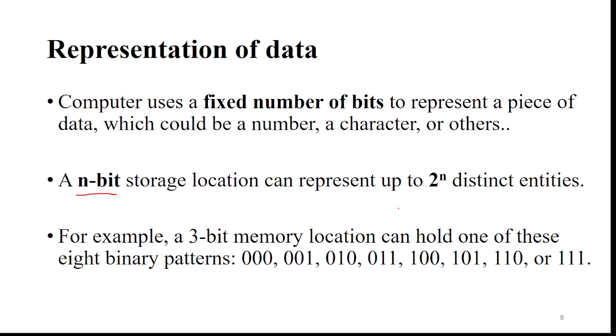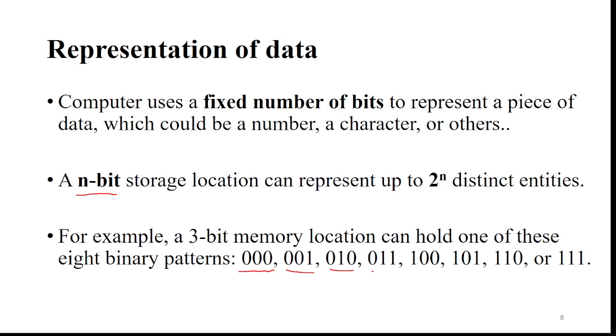However, with a 3-bit memory location, we can store one of 8 possible binary patterns. We talk here about 000, 001, 010, 011, and so on. So we have 8 possible binary patterns.